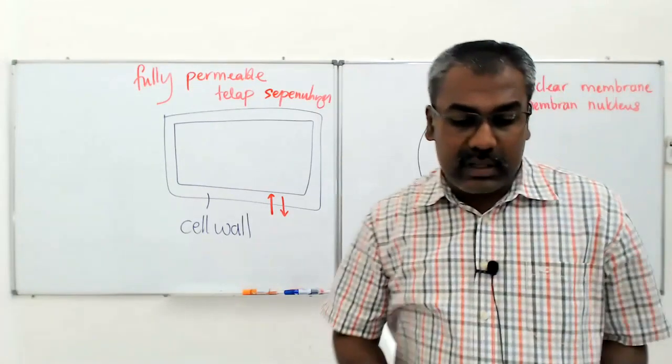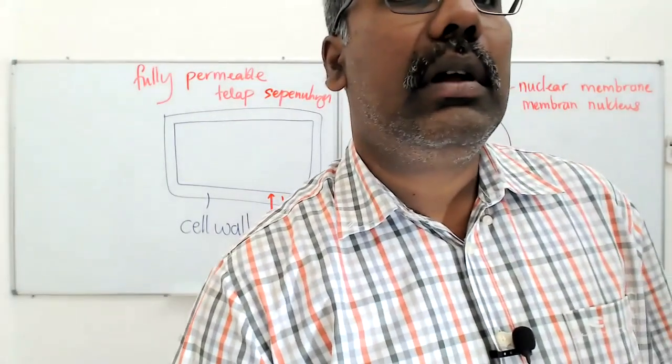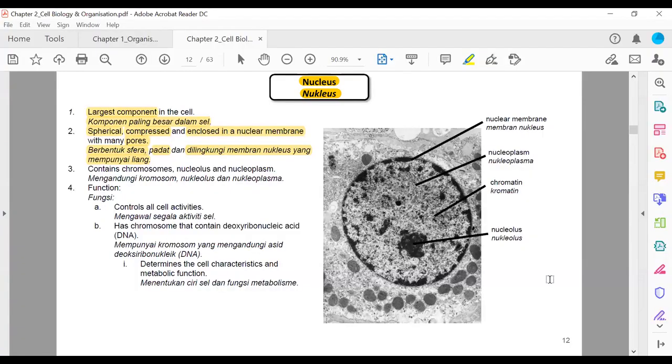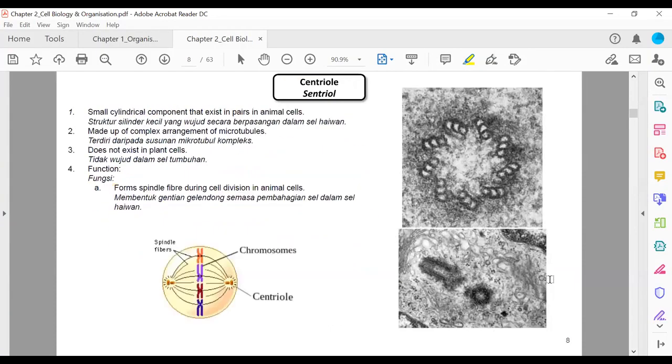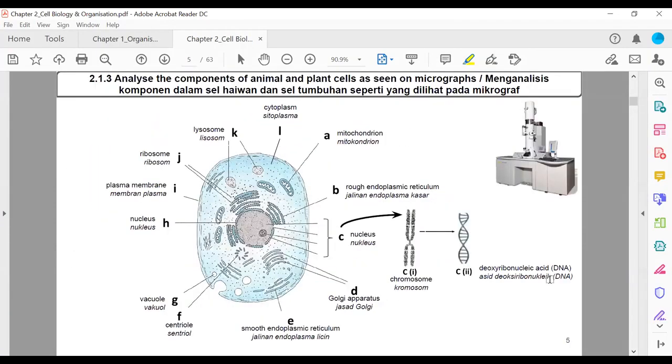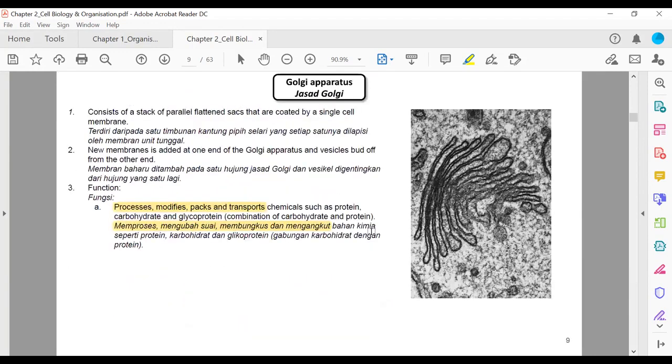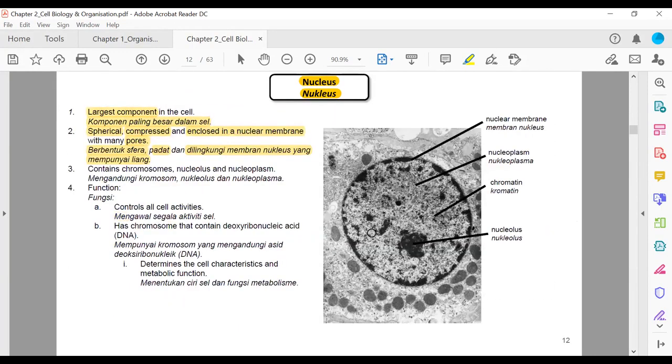Do you still remember just now? Let me show that. Ada 4 bahagian yang di label tadi di sini. Can you see? 1, 2, 3, and 4. Sama juga di sel tumbuhan pun ada. Di sini 3 sahaja. So let's see them now. Cuba kita lihat mereka sekarang.